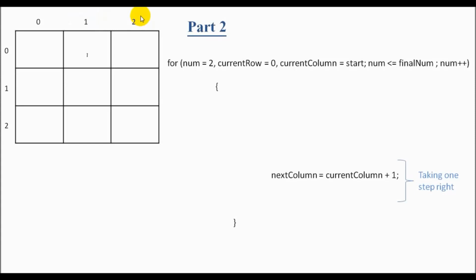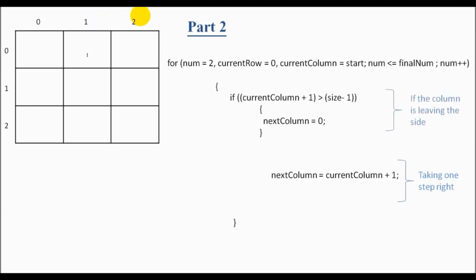This was pretty simple. And now this code is for checking the condition if our column is going to leave the site or not. As we are going to check a condition, we need to start an if statement here, and this is the condition part. It says current column number plus 1 must be greater than size minus 1.